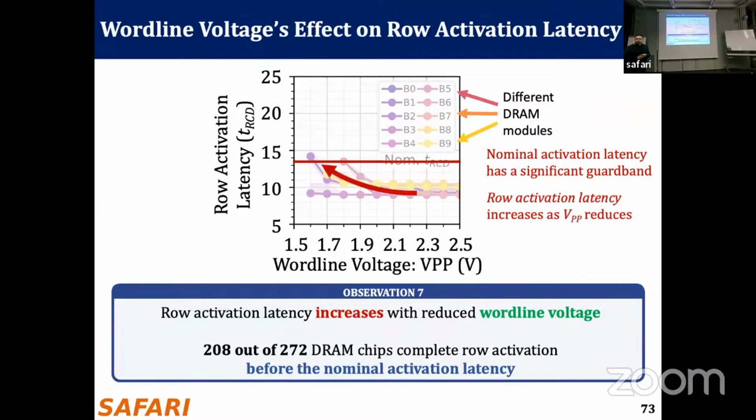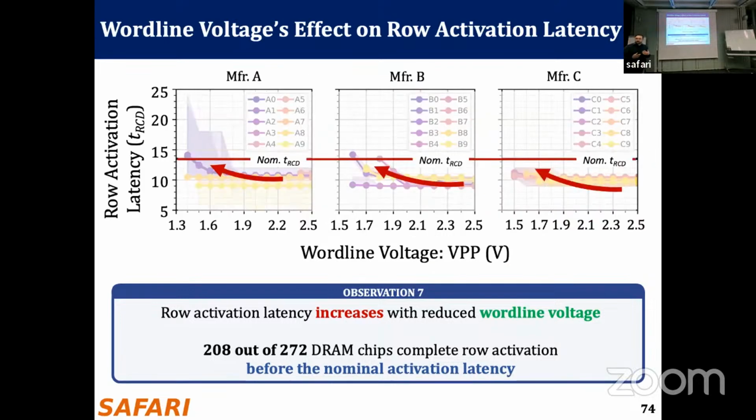And even though this increase happens in the row activation latency, when we use the nominal activation latency, most of the DRAM module chips can still reliably operate. And this is again a common trend across all DRAM modules from all DRAM manufacturers.